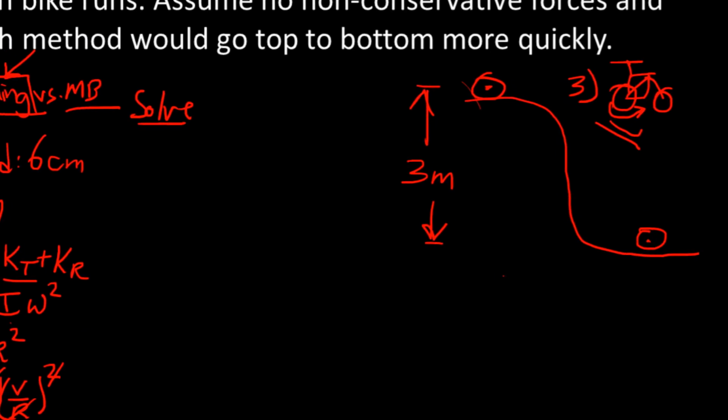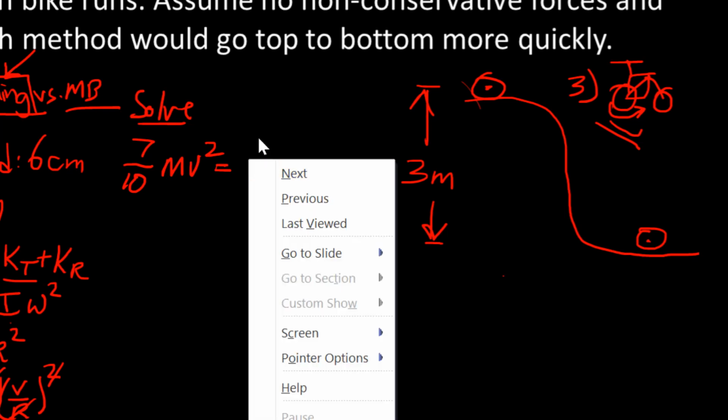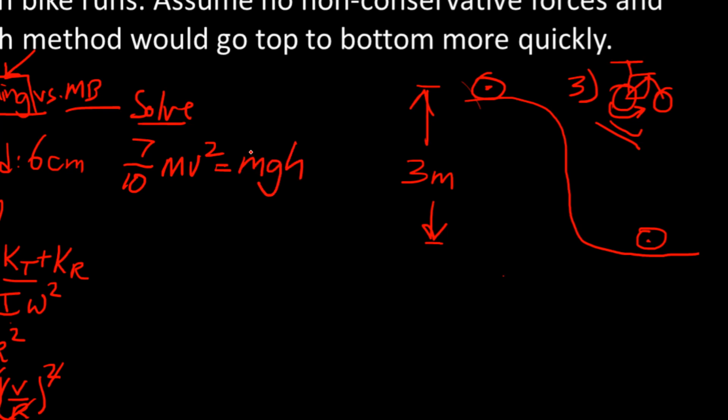Let's solve that. 1/2 mv squared plus 1/5 mv squared, getting a common denominator, 7/10 mv squared is equal to our gravitational potential energy, mgh. You notice that mass cancels here also. So changing this around, I get v squared is equal to 10gh over 7.